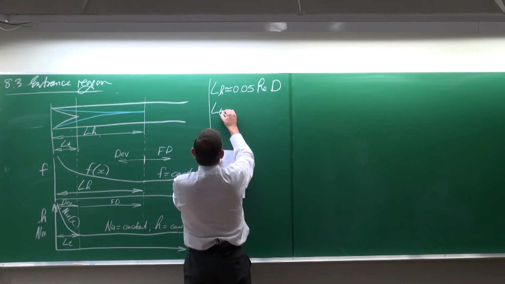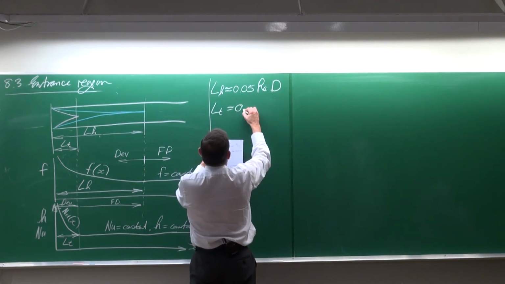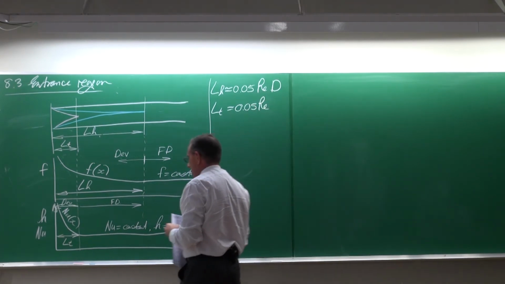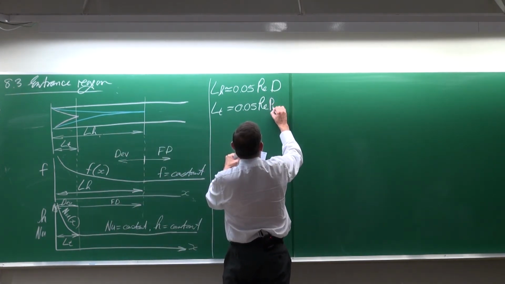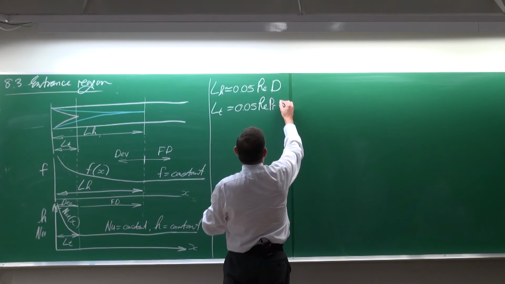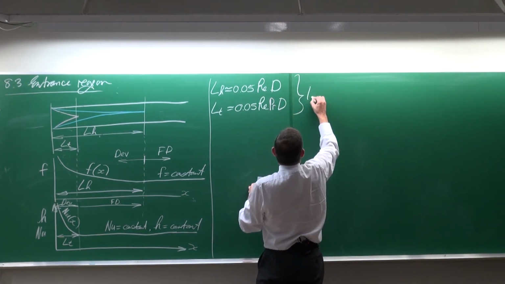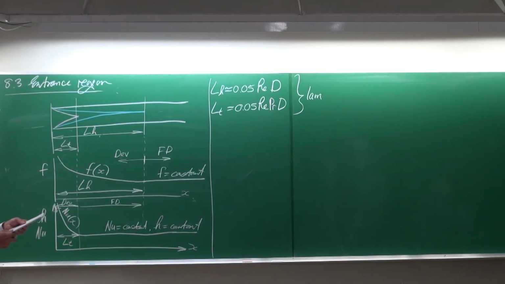And LT is approximately equal to 0.05 Reynolds, and then we put something in there, Reynolds Prandtl multiplied by the diameter. And take note, this is for laminar flow. For laminar flow.